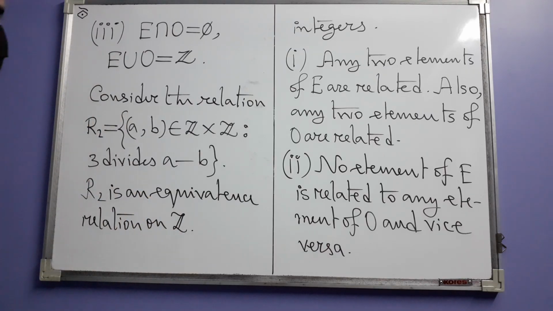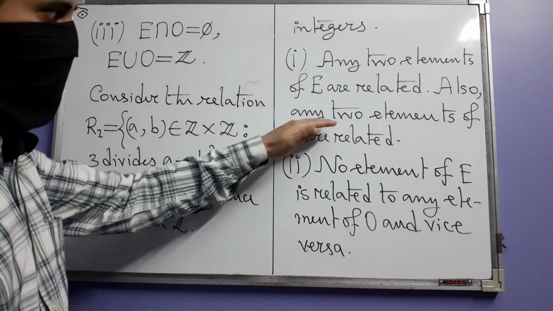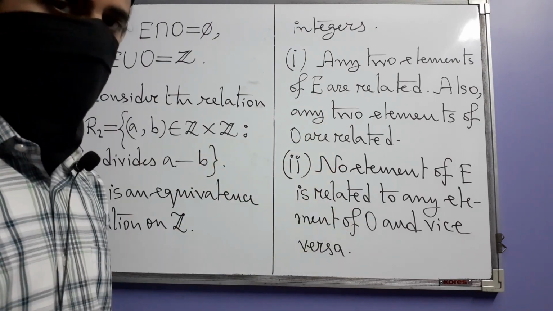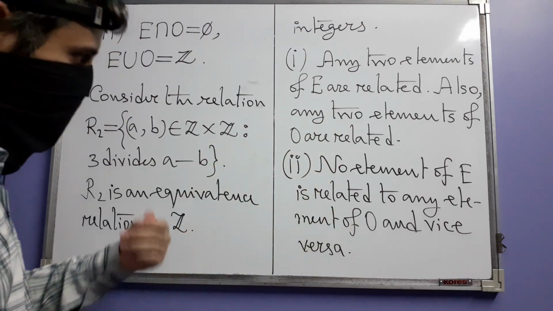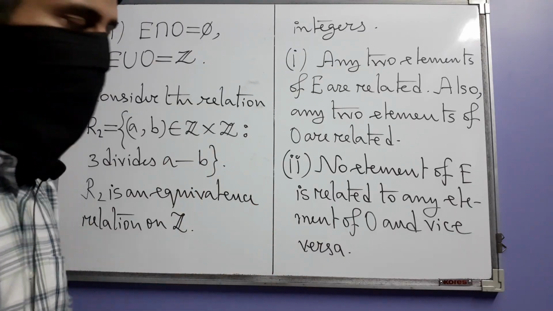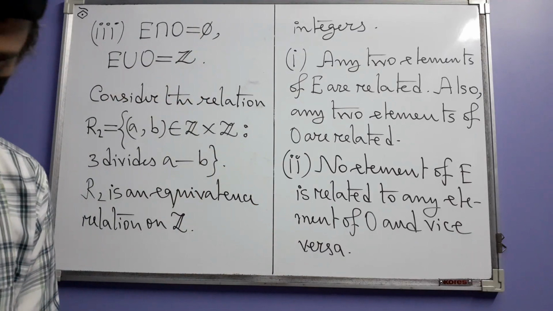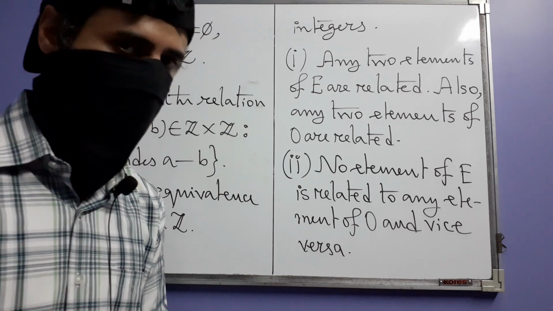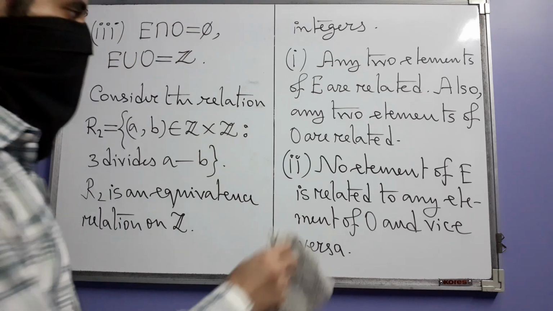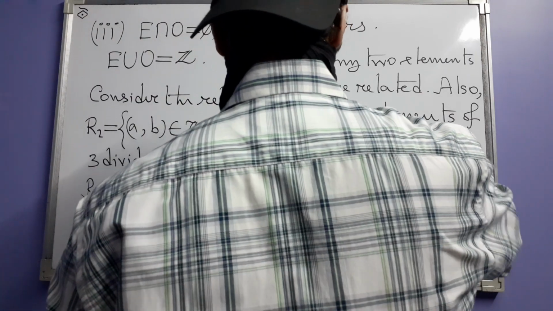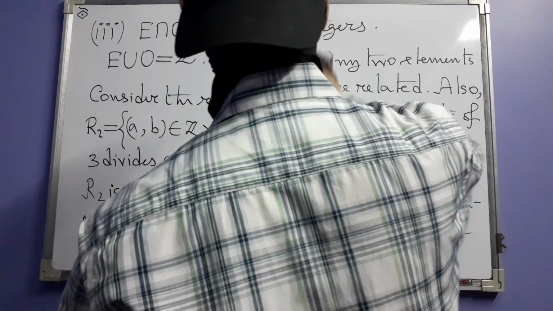Now, just like these two sets of even and odd integers, this relation also has such sets. Let's see. In this case, we will get 3 sets. We seem to be getting as many sets equal to that number.